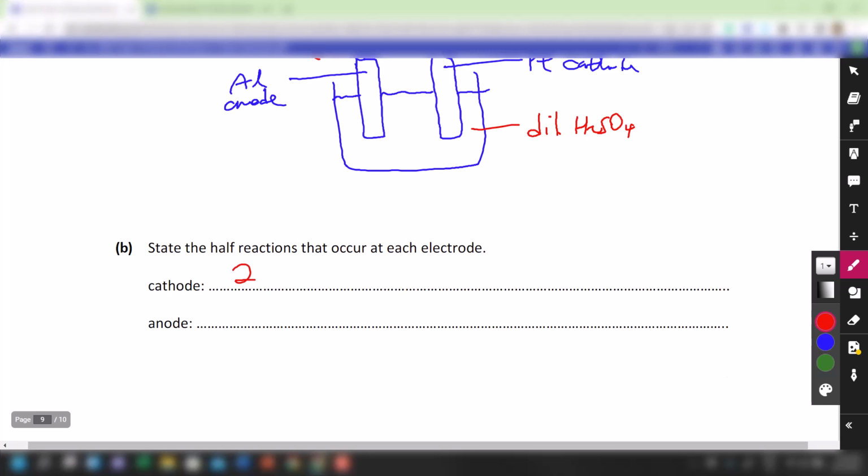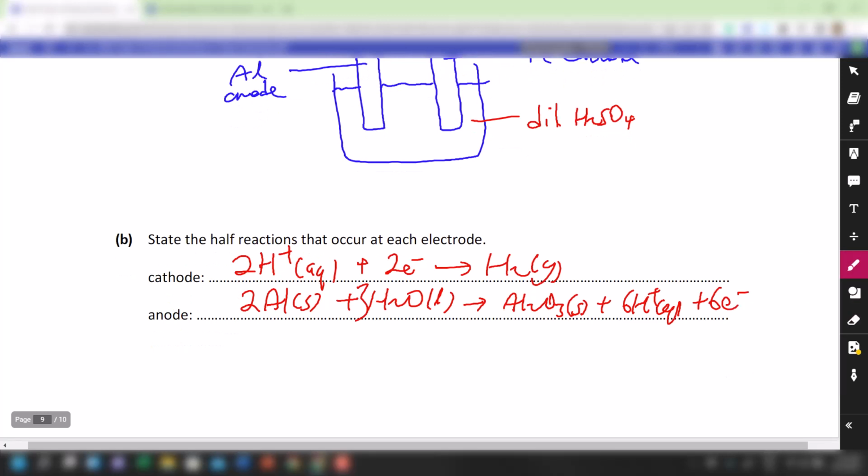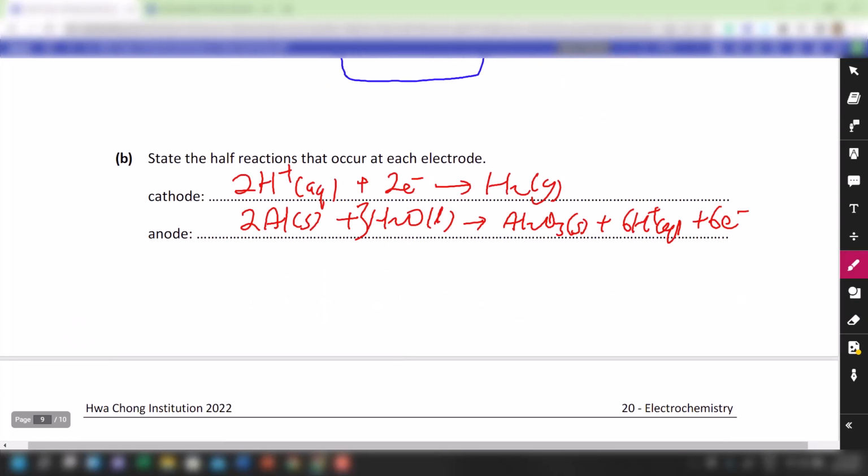At the cathode, I'm going to have the reduction of hydrogen ions to give us hydrogen gas. At the anode, I'm going to expect the oxidation of aluminium in the presence of water to give us Al2O3 solid plus 6H+ plus 6 electrons, and of course 3 H2O over here. Largely recall, so I think that should be okay.